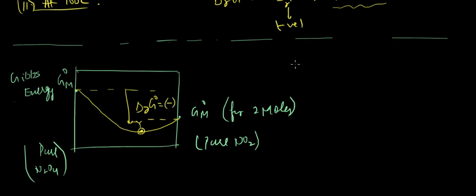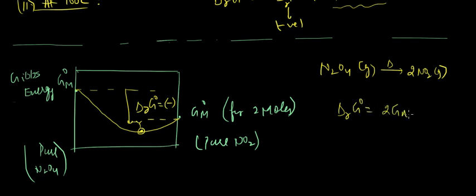Again I'm reiterating that we are taking N2O4(g), heating it, and this is at equilibrium. 2 moles of NO2(g) are produced. So delta Rg naught would be written as 2 Gm naught NO2 minus Gm naught N2O4.